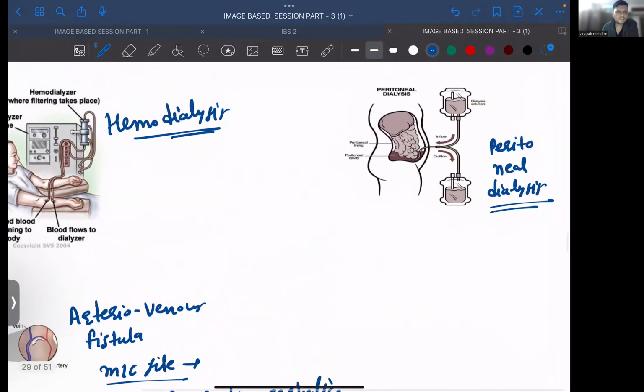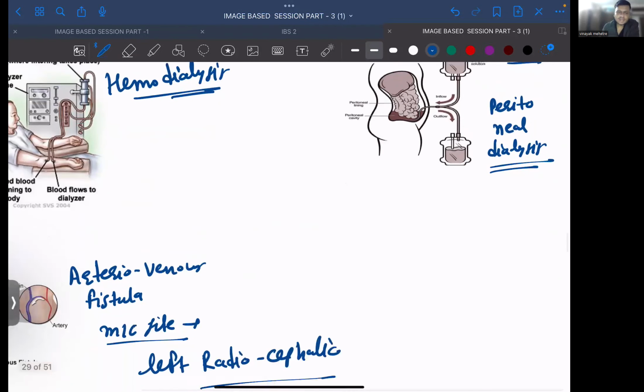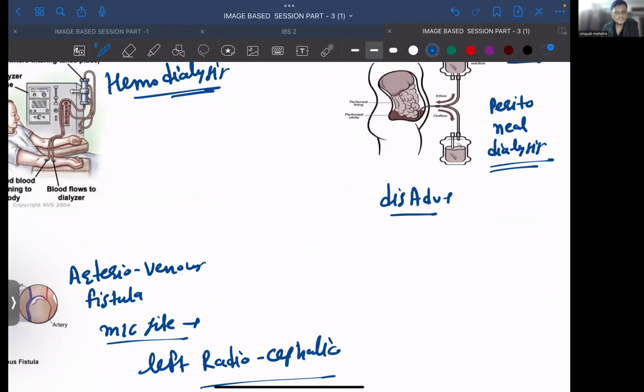Why is peritoneal dialysis not done more? Peritoneal dialysis can be done at home. The patient does not need to come to the hospital. What is the disadvantage of this? Infection. Infection is the most dangerous complication.